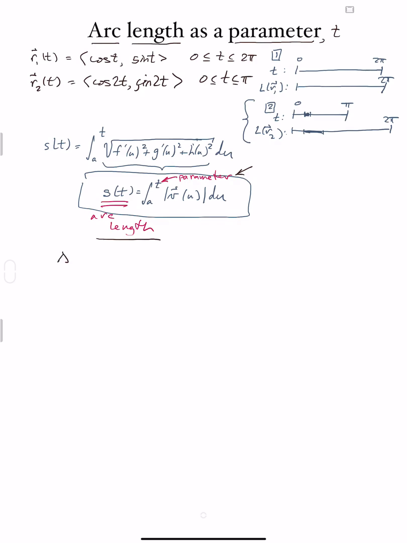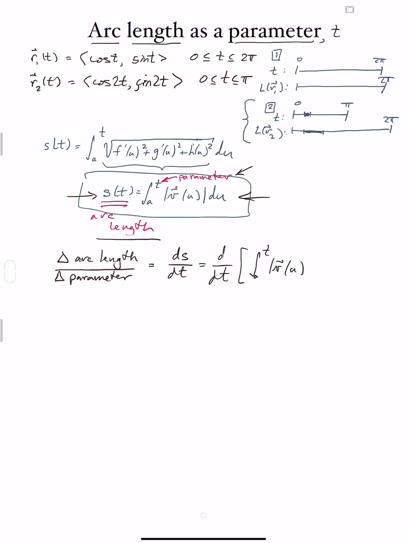In other words, if I take a small piece of arc length, and I'll call that ds, and if I take a small piece of the parameter, a delta parameter, and I'm of course going to call that dt, I can write this as ds over dt, d of dt, and then put in my expression for s, the integral from a to t of the magnitude of the velocity du.